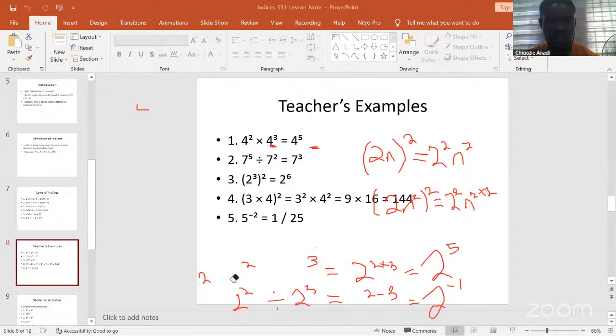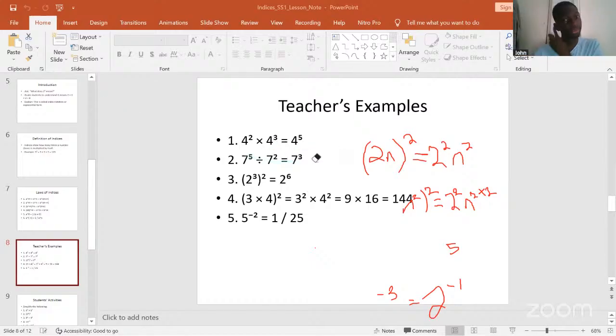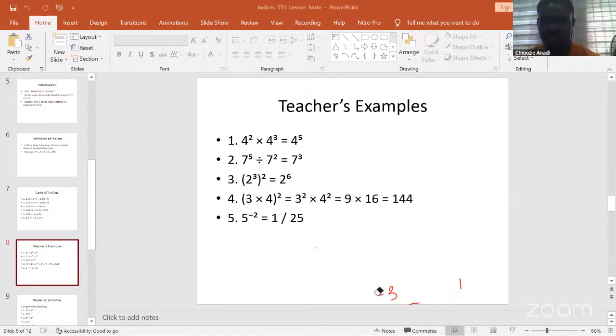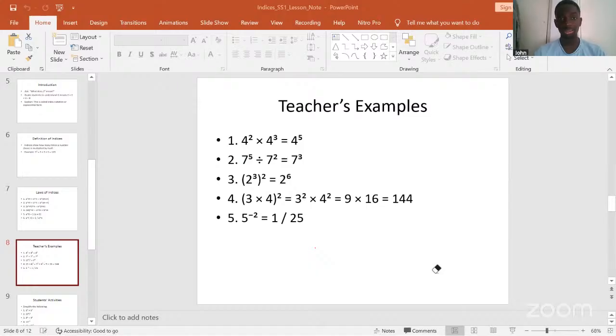Okay, if you look at example number 1 now, what do you notice about the question? 4 raised to the power 2 times 4 raised to the power 3 equals, you add 2 and 3 to make 5, just because they have the same base, right?